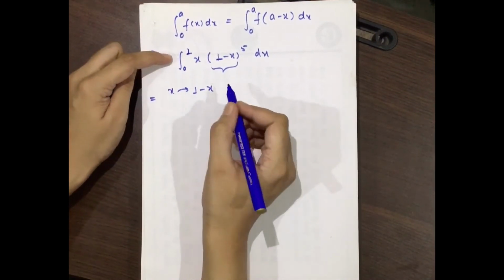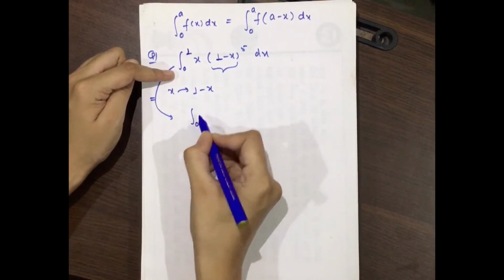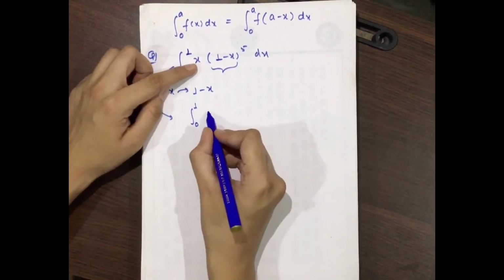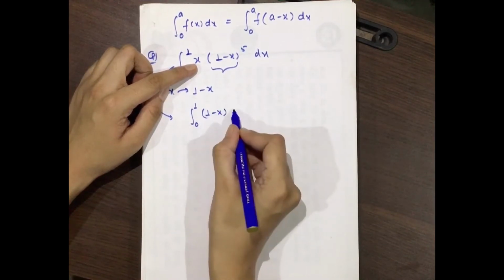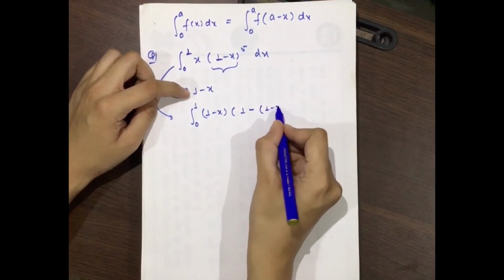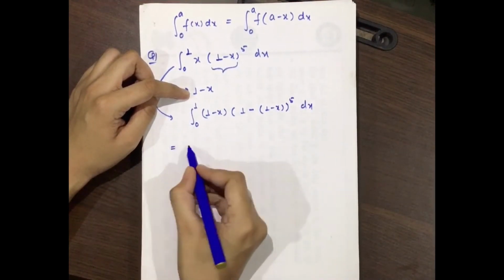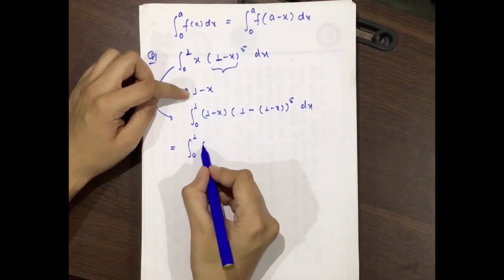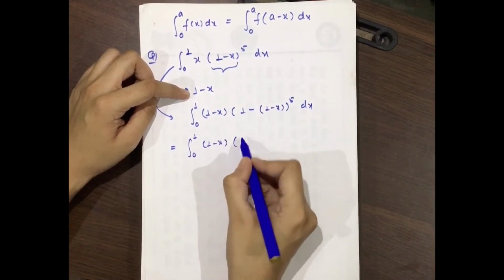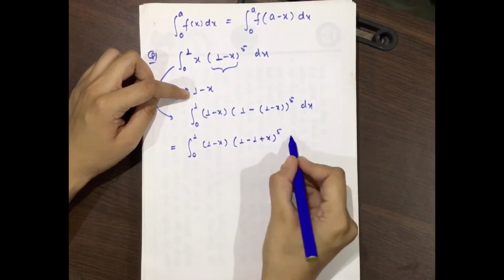So now let's convert x. So we get the integral from 0 to 1 of (1 - x) times (1 - (1 - x)) to the power 5 dx. Now in solving we get (1 - x) times (1 - 1 + x) to the power 5.